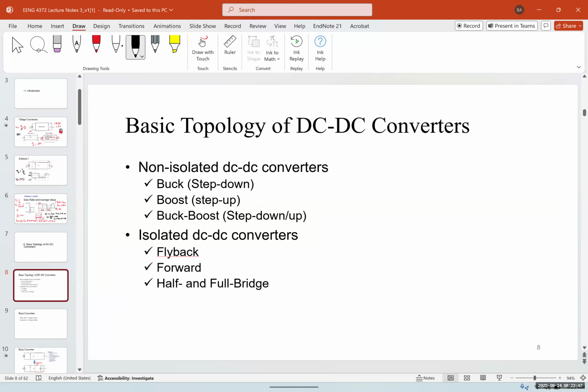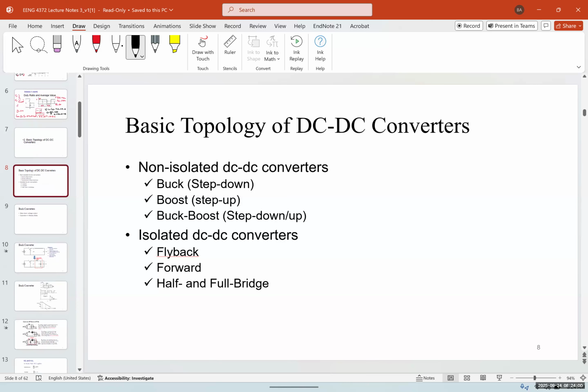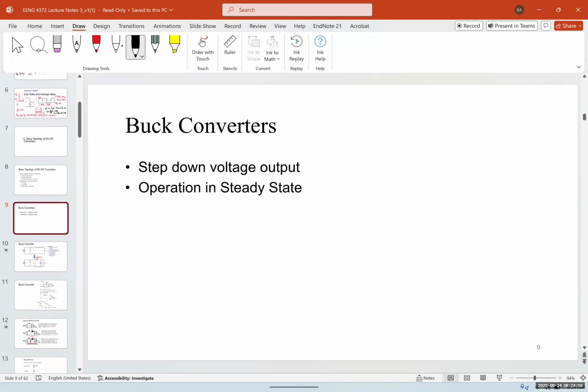And we have isolated DC to DC converters, which are the flyback, the forward, and the half and full bridge. These are different categories of DC to DC converter topologies, and we're going to start with buck and boost and so on.